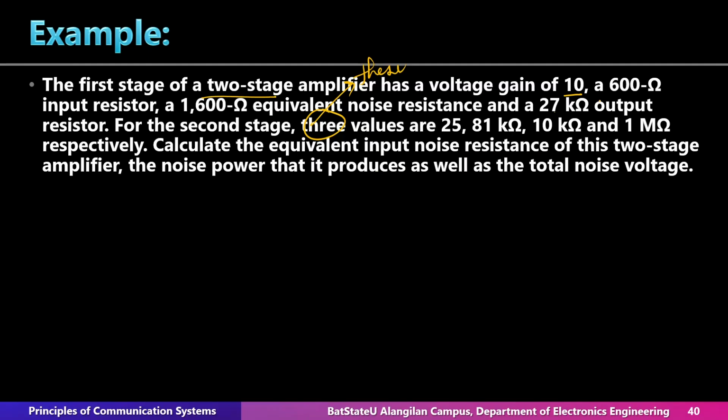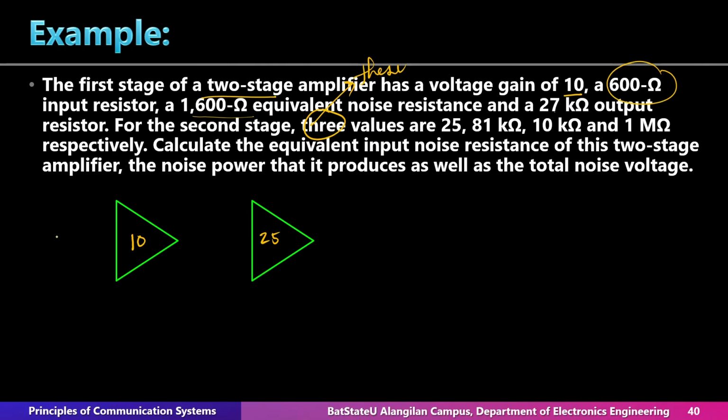Okay. So, i-drawing muna natin. Halimbawa, ito yung dalawang amplifier stages. Ilagay natin ngayon yung mga resistances. So, ito daw ay may gain na 10 at ito ay may gain na 25. Tapos, 600 ohms na input at 1.6 na noise resistance.